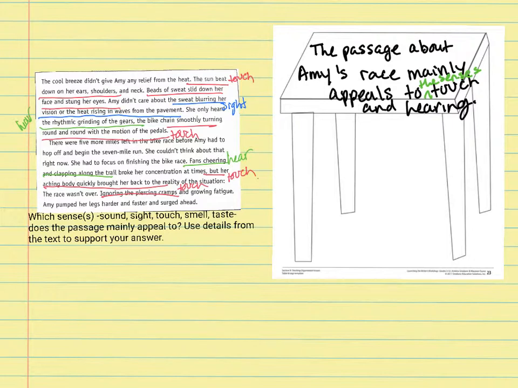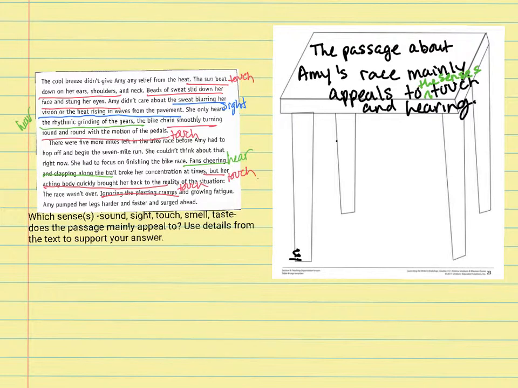Well, I can look back at my text and how I marked it up. And so I can look and see that touch, the sun beat down on her shoulders, beads of sweat in her face, it stung her eyes. So I might start by saying, in the text, okay, so where is our proof?